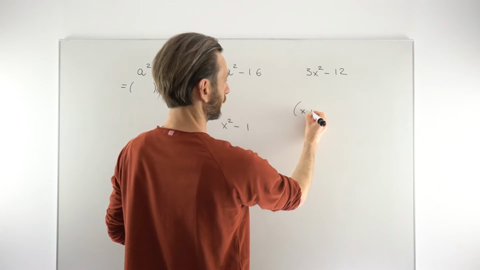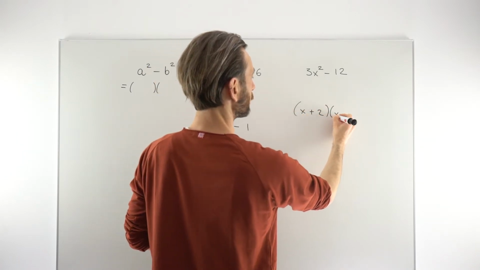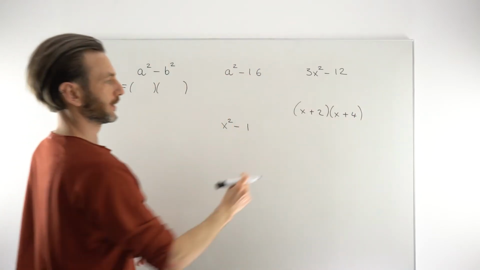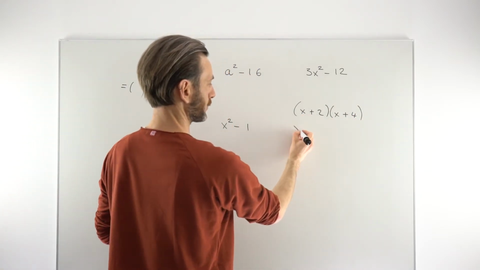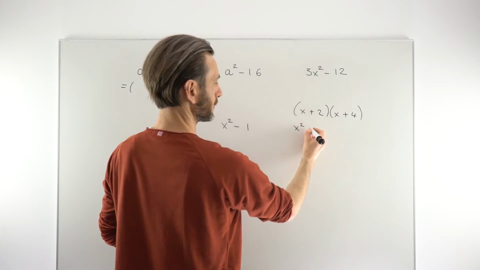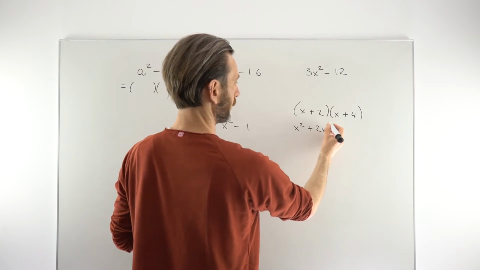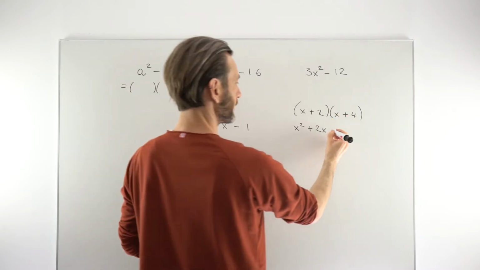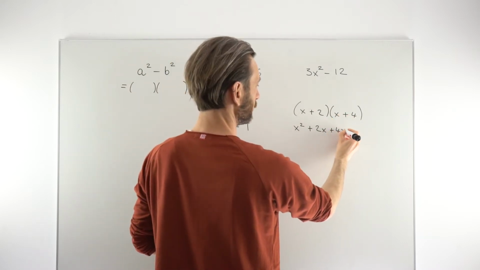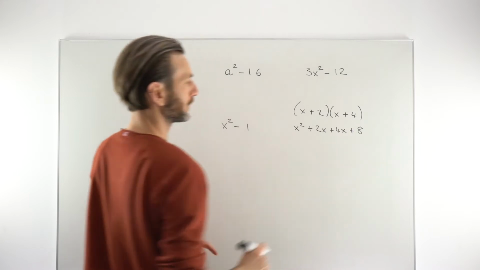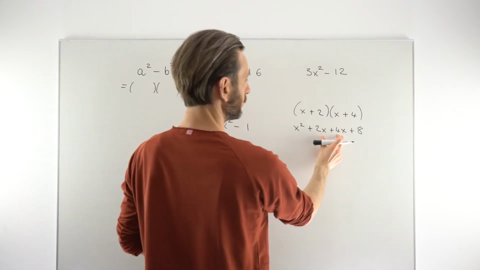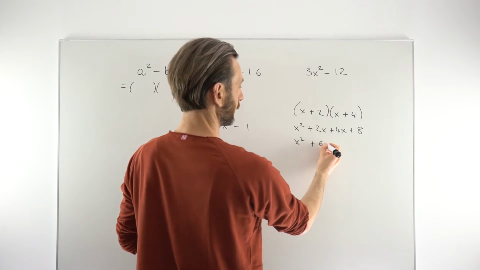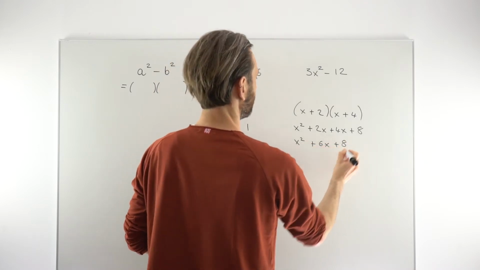If you had (x + 2)(x + 4), you do x times x to give you x squared, 2 times x to give you 2x, x times 4 to give you 4x, and 2 times 4 to give you 8. You then combine the two middle terms, and you get x squared plus 6x plus 8.